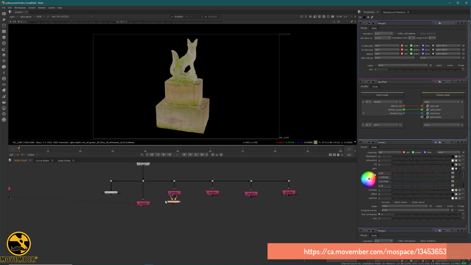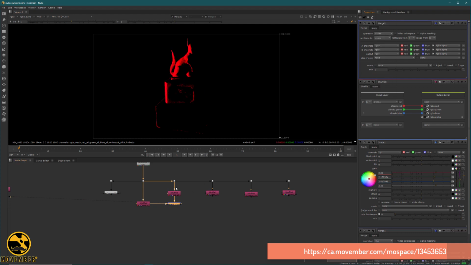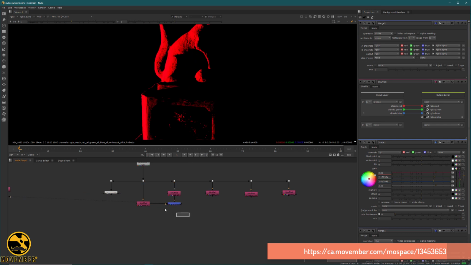Maybe you remember we use the technique of divide and multiply a lot, and you will see we can use this trick on the lighting. If I divide the lighting by the albedo, you will have only the color of the lighting.